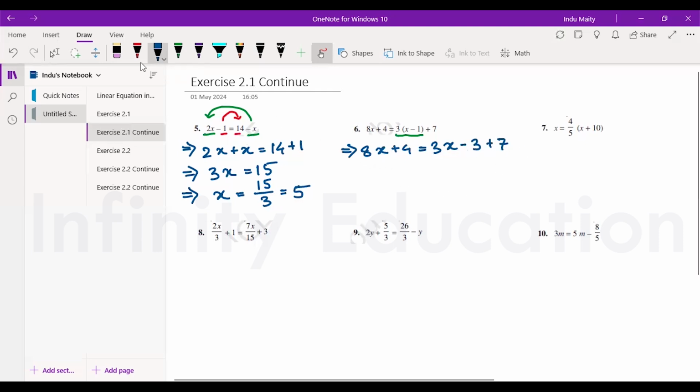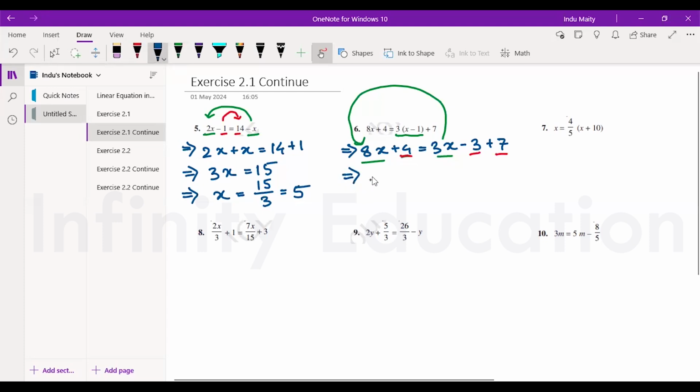So now we can see that 8x and 3x. So this 3x will be on this side and this 4 will be on the right side. This positive 4, and this negative 3 and positive 7 is on the right side. So we will not disturb that negative 3 and positive 7.